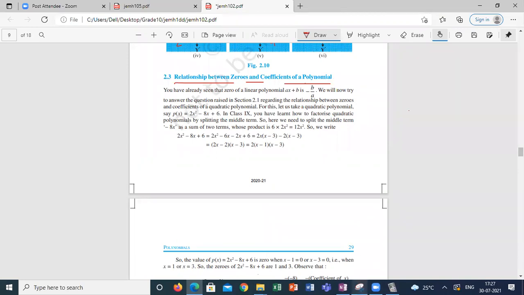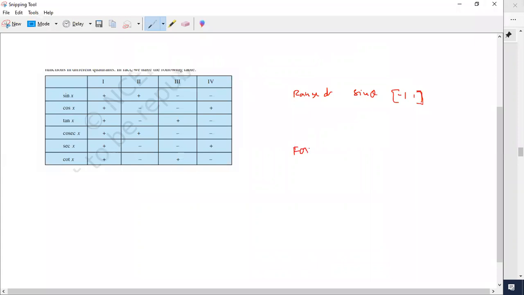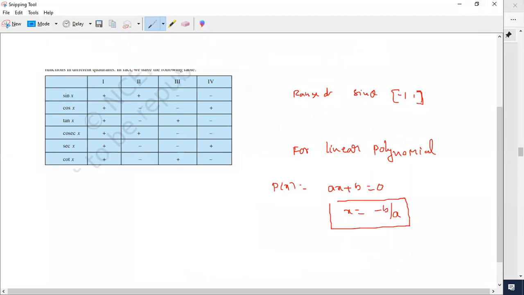It will be easy to discuss for a linear polynomial. A linear polynomial is always in the standard form ax plus b equal to 0. So x is equal to minus b by a. So x is equal to minus the constant of the expression divided by the coefficient of x.